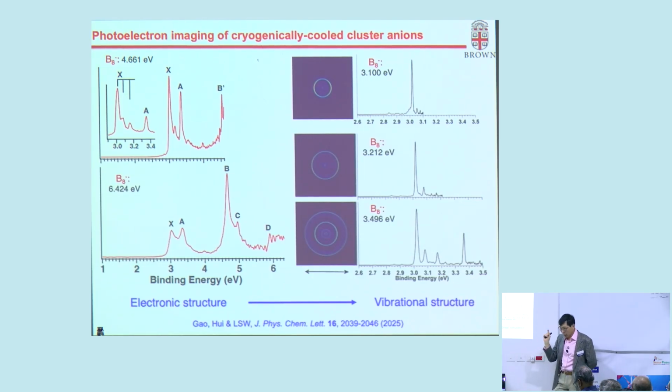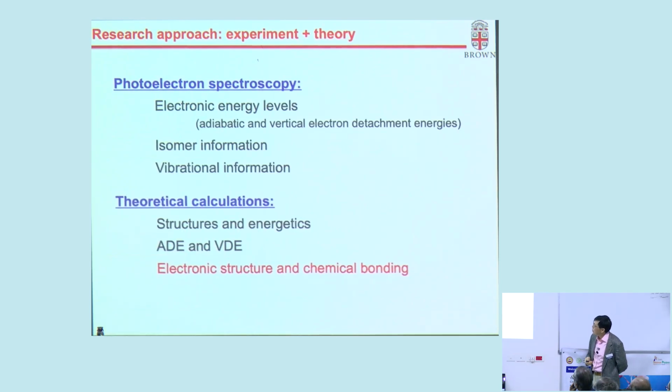That's close to infrared spectroscopy, so we can resolve all the vibrational features. But all the research I talk about today is done on the time-of-flight machine, which has about 20 meV electron energy resolution.